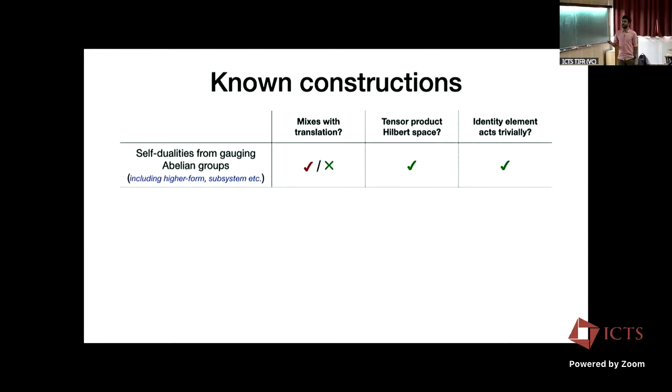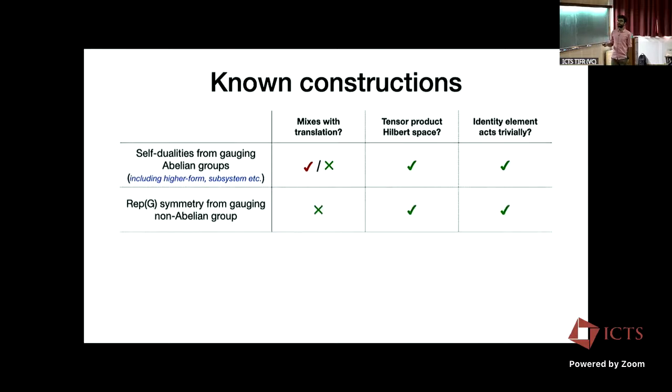And so the type that I just talked about, which is self-dualities from gauging abelian groups, they sometimes mix with translations, sometimes don't. There are known examples where it doesn't mix, for instance this Rep D8 symmetry of the cluster state. But they all act on tensor product Hilbert space. Identity acts trivially. When you get a Rep G symmetry from gauging a non-abelian group, that doesn't mix with translation.